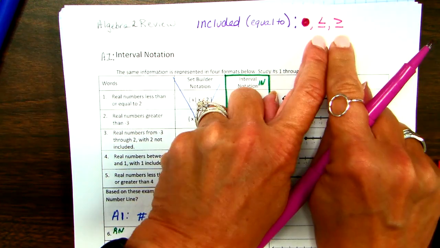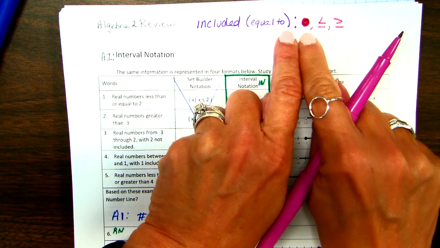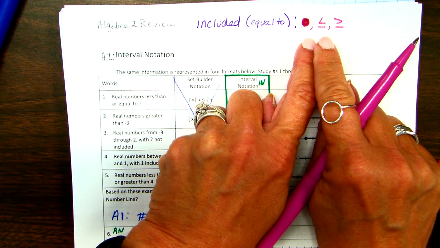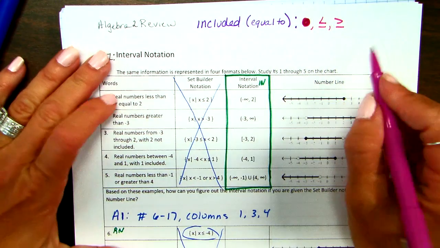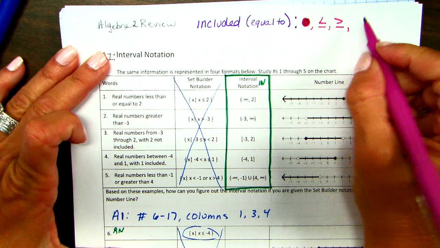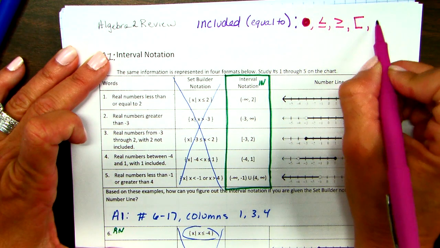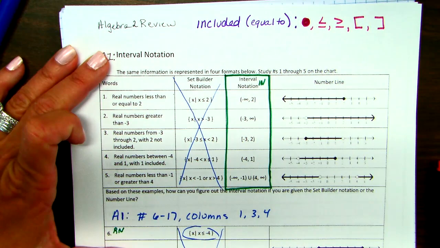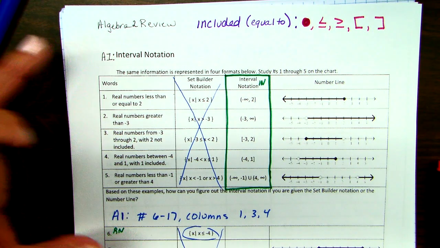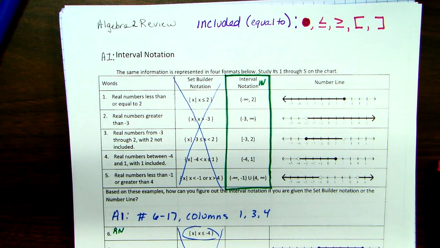So when it has that equal to symbol under it, you would know it's going to be a closed-in circle. For interval notation, we would use, does anybody know? Brackets. They're called brackets. They're like the square parts. So those are the symbols that you will see for when that number is part of the answer that you're answering, okay?